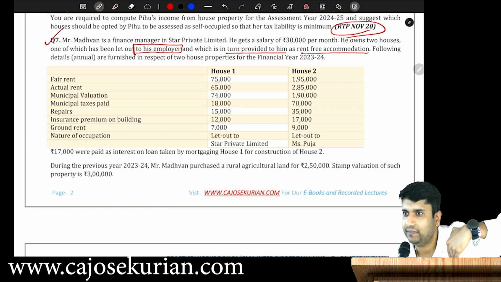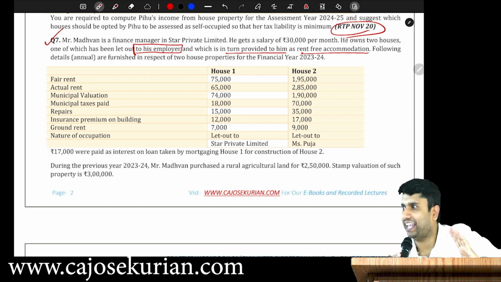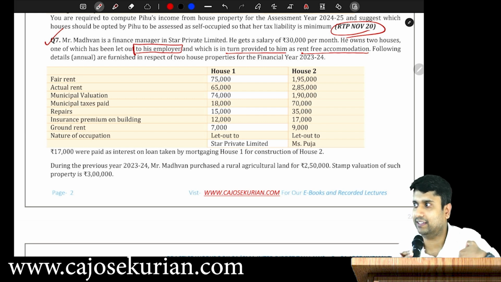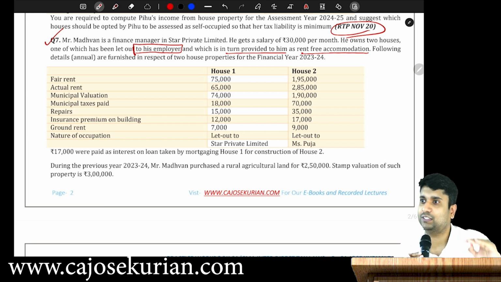Are you with me? And the employer did one more thing. After taking it for rent, the employer told me to stay here. So I will say that I am getting dual benefit from the same house. One, I am getting rent. Number two, my house is occupied actually.